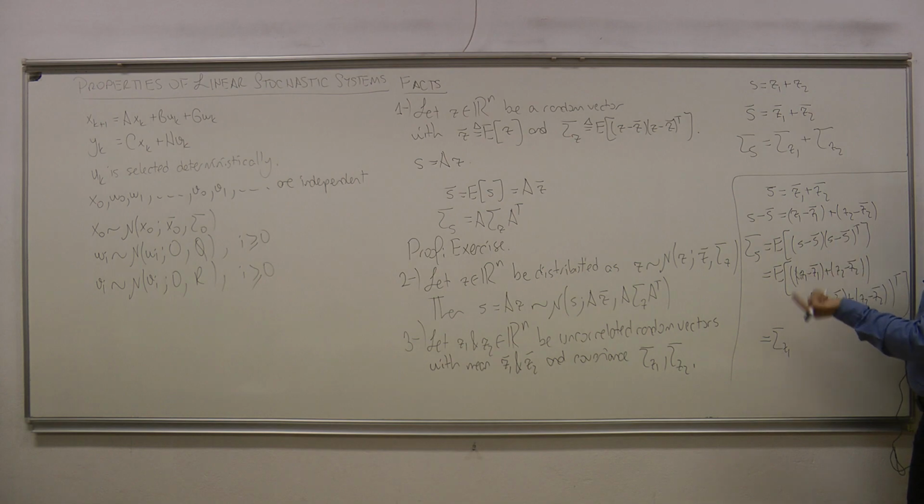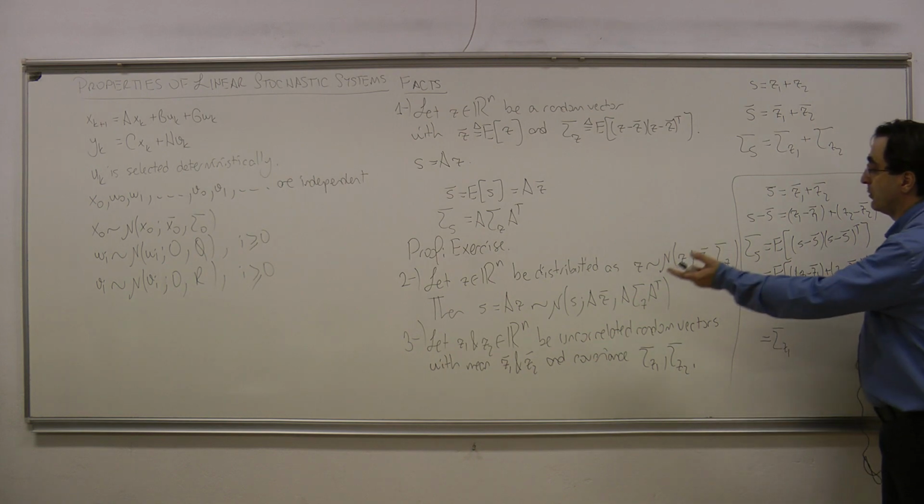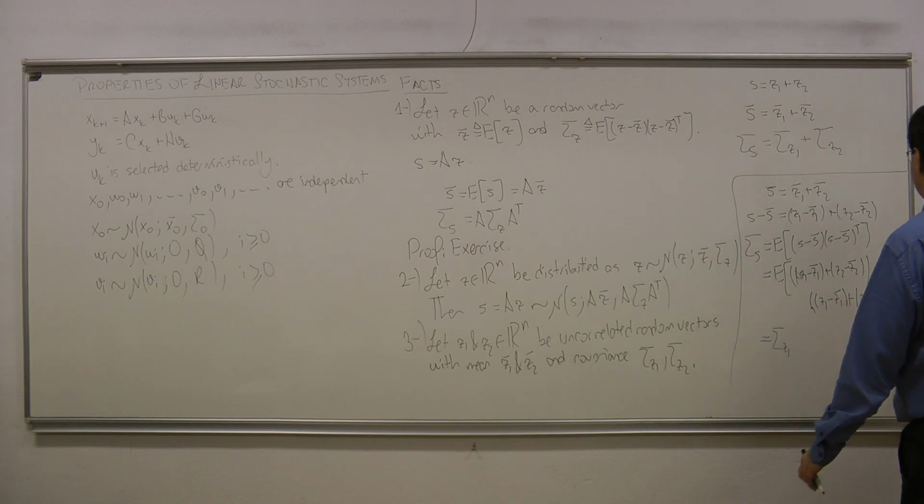It's going to be 0 due to uncorrelatedness. Due to uncorrelatedness, I can divide that expectation into 2 parts: expectation of Z1 minus Z1 bar times expectation of Z2 minus Z2 bar transpose. But those expectations would be equal to 0. And actually that is the cross covariance of Z1 and Z2. Therefore it is equal to 0 by the uncorrelatedness assumption.